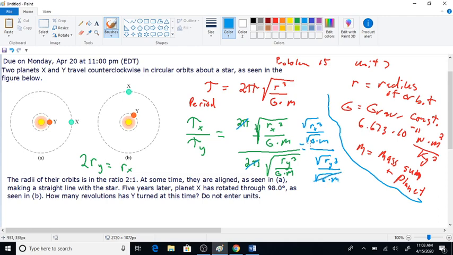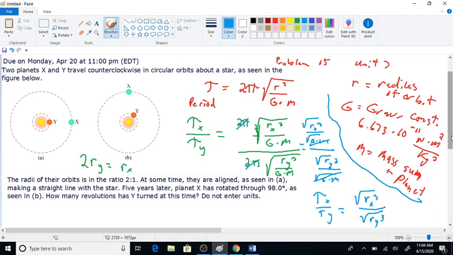So now we can cross these out, and we're left with this equation here: the period of x over the period of y is equal to radical rx cubed over radical ry cubed.